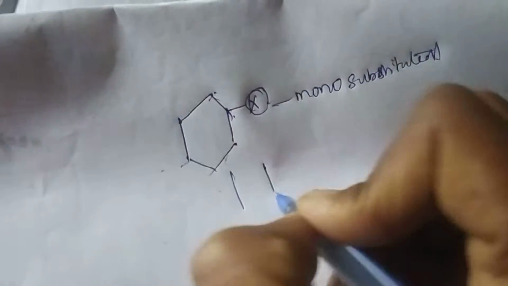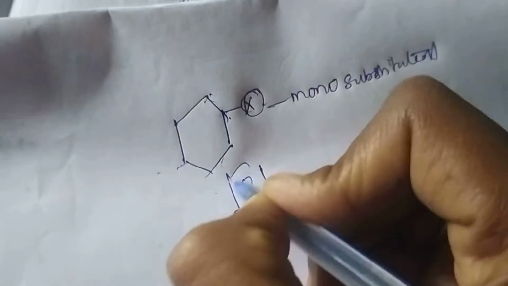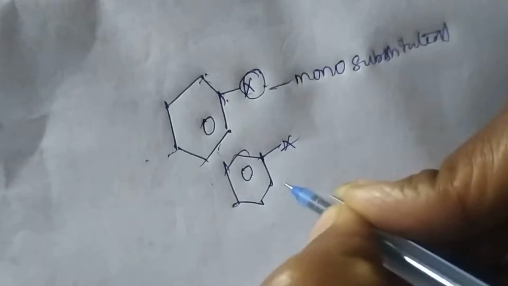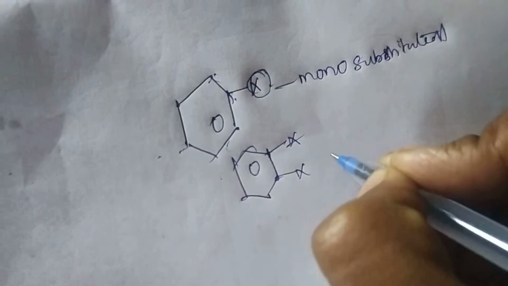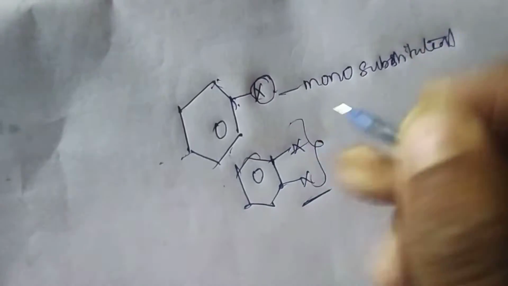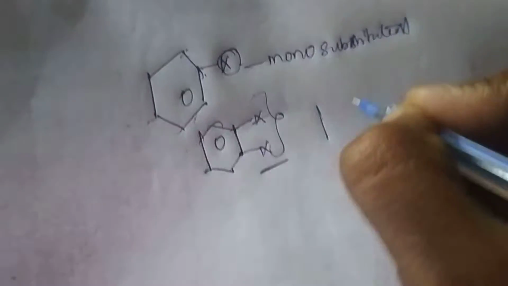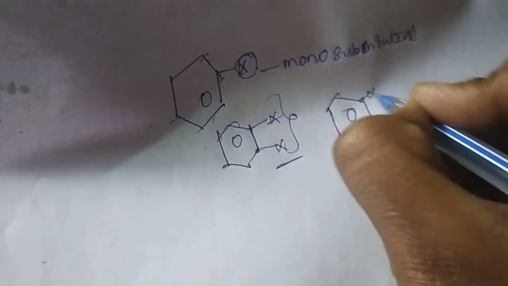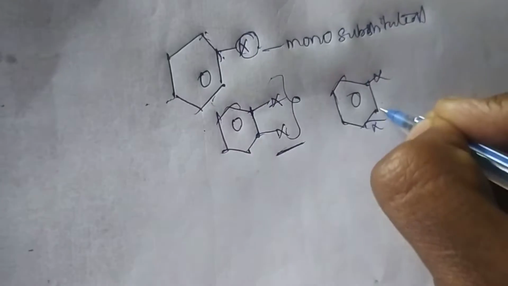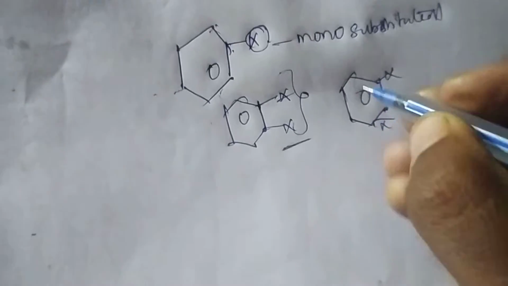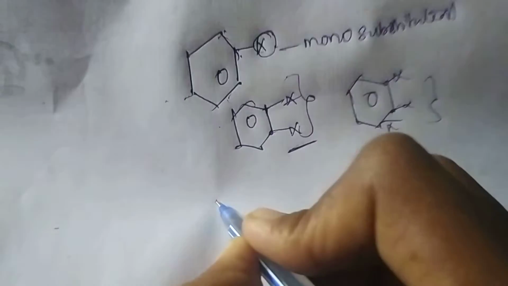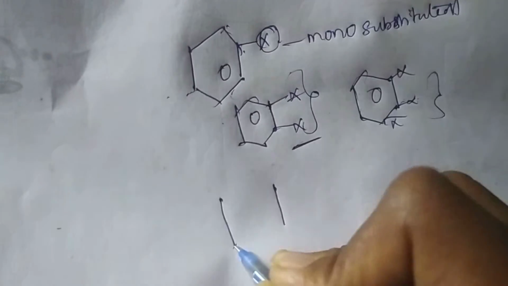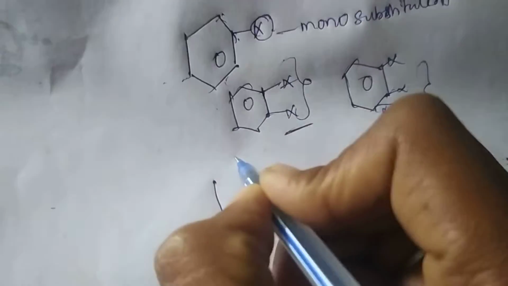For example, disubstituted: here 2 groups are attached. And for more than 2, the compounds are called polysubstituted.